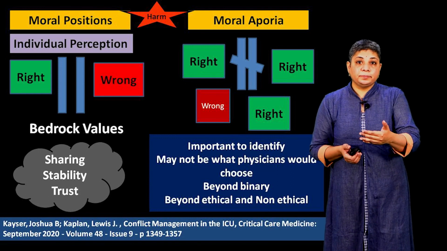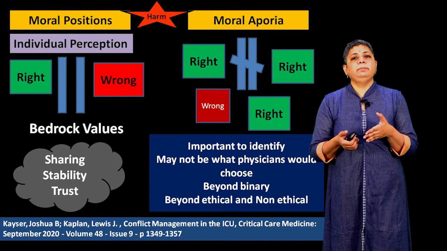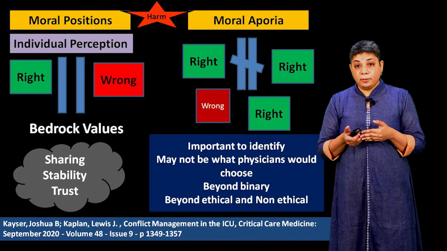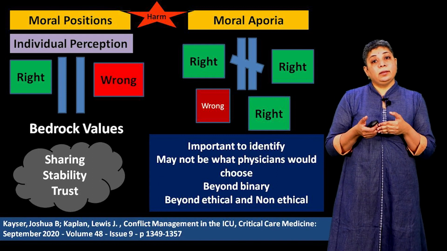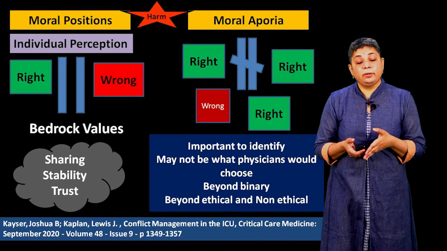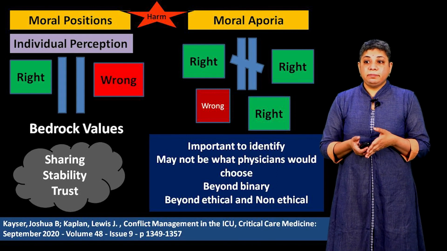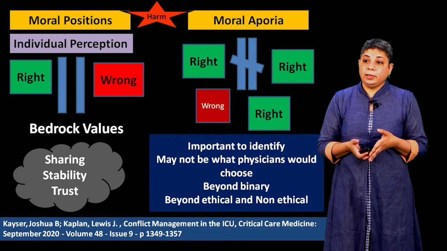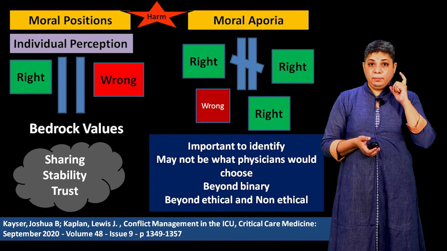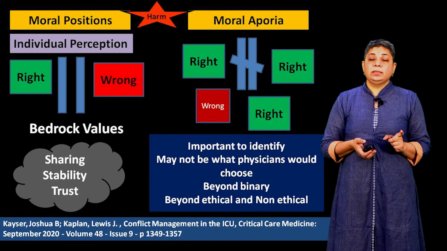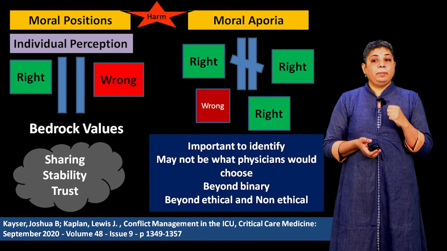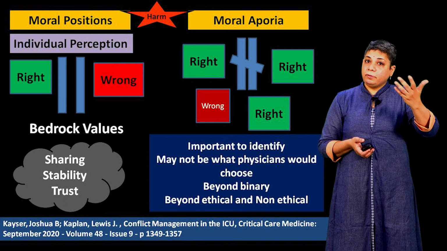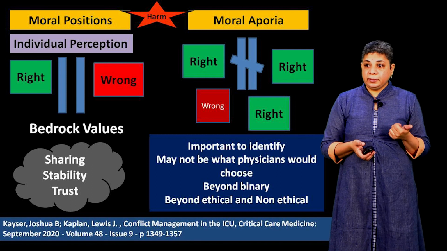There are a lot of other implications and issues that come into play during the decision making process. When you get into a situation like this, it's very important for us to remember that there could be a moral aporia, and it is very important to identify, because this means that what you may choose in a particular situation may not be what the family wants to choose, number one.